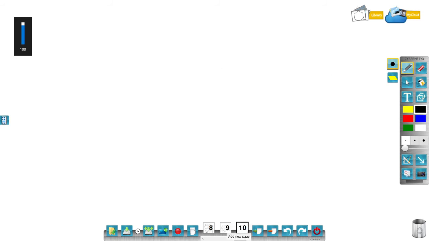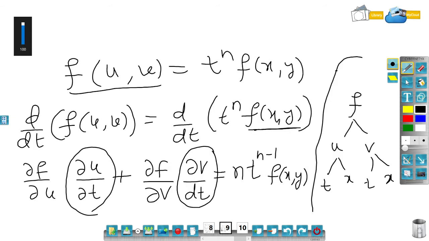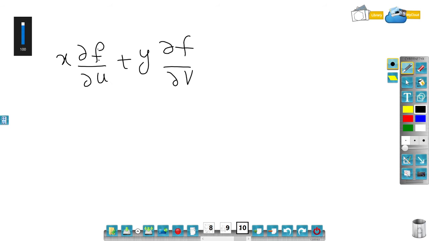So what it will be? x times dou f by dou u plus y times dou f by dou v, and here n times t raised to n minus 1 f of x comma y.